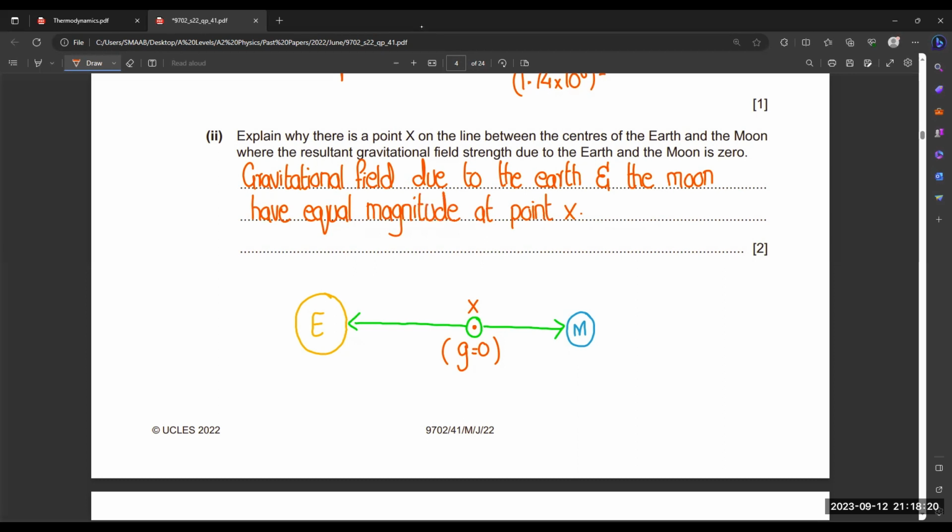So it means that the resultant field strength at X will be equal to zero, right? Yes.